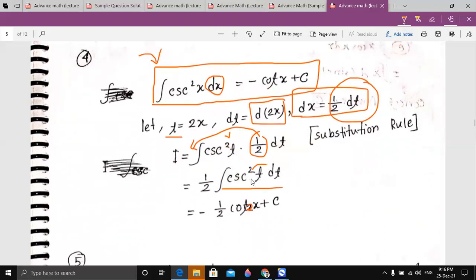Now we have to substitute back our t. We have to calculate this part here, it is a formula. According to this formula, integration of cosec square t dt will be minus cot t plus c. So ultimately the answer is minus cot 2x plus c.